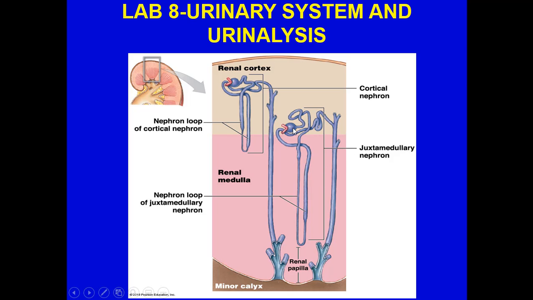And it is in these ones that, yes, you still have glomerulus, you still have PCT, but you'll notice that you have a much longer nephron loop of the juxtamedullary nephron, a much longer ascending loop, and then of course you have your DCT here, emptying into the collecting tubule.